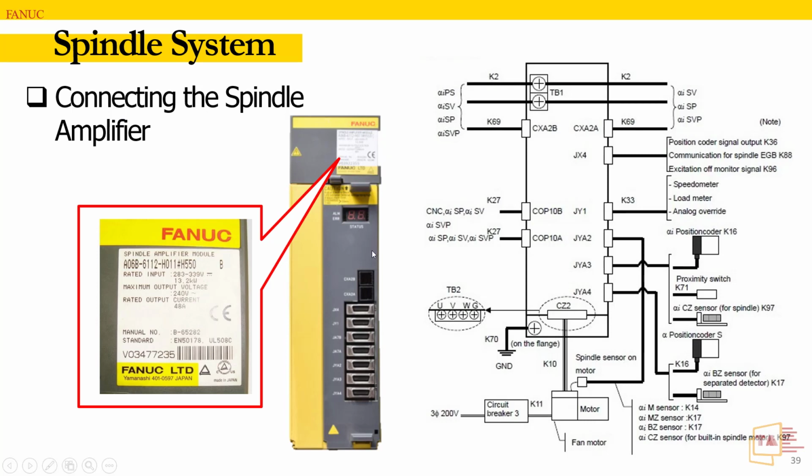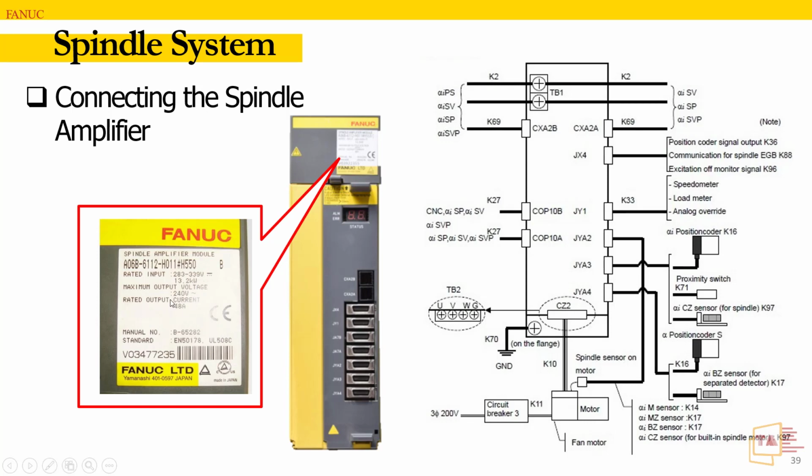If you take any spindle amplifier, we will have this nameplate sticker. In this sticker you can get a lot of knowledge. We have the part number or specification number, the rated input, and how much power the spindle amplifier can withstand. It can give 13.2 kilowatts, maximum output voltage 240 volts and rated output current 48 amps.